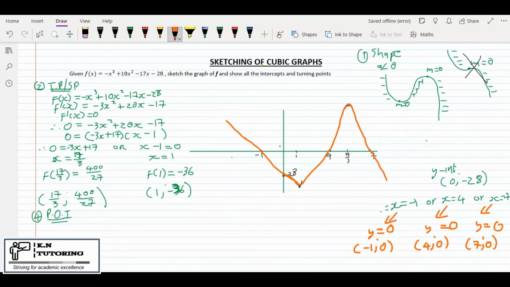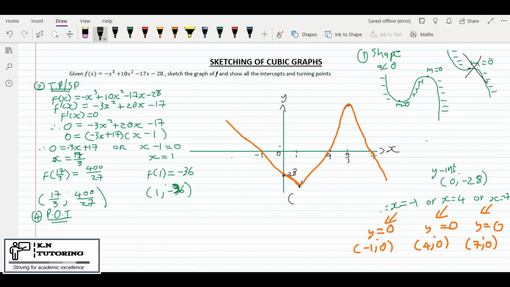So that is your sketch, your graph. I'm very silly for not mentioning your 0 there. This is your y, this is your x. Then I need to label the important points.